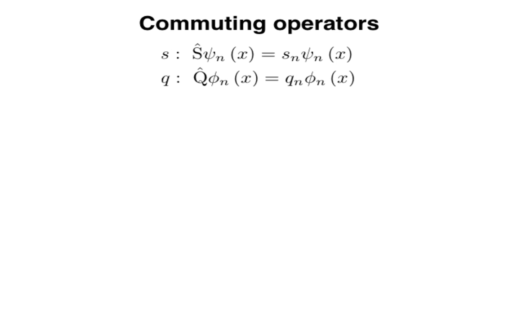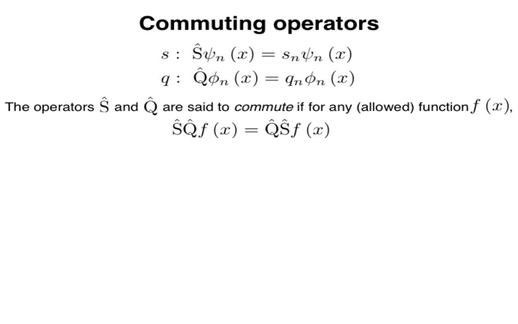The eigenvalues of the operator capital Q are Q_n, and its eigenfunctions are phi_n. The operators S and Q are said to commute if for any allowed function f of x, the following condition holds. When we see two operators acting on a function, it means that the operator that is closer to the function acts on it first, and the other operator then acts on the result.